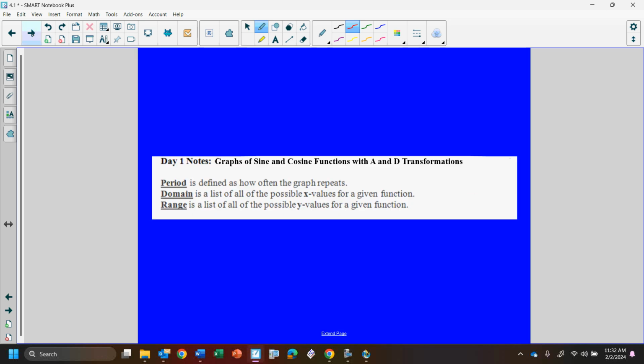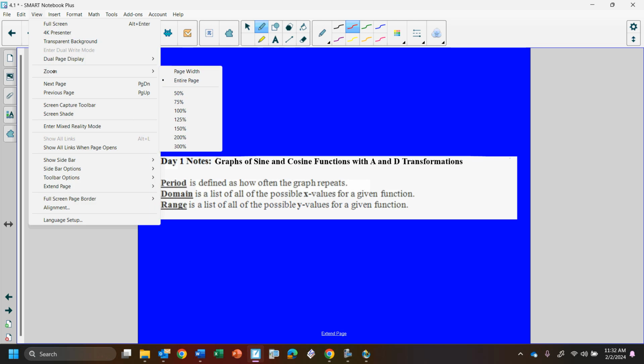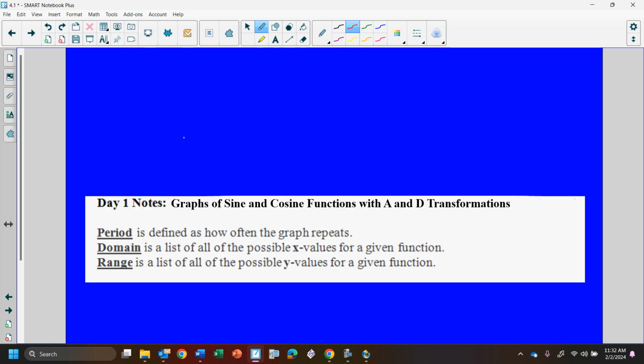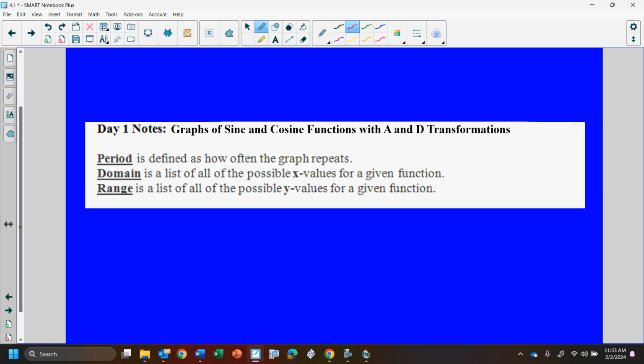So if you would, start on your notes page for me, please. At the top of the white page, there's some vocabulary to start with. And the first vocab word is called the period. The period is how long it takes for the graph to repeat itself. So you're going to learn later today that this is a sine curve.